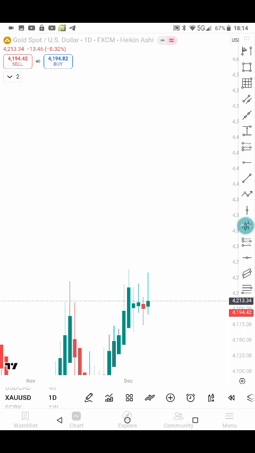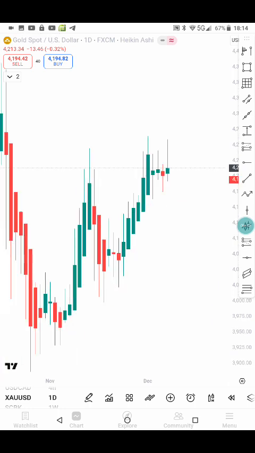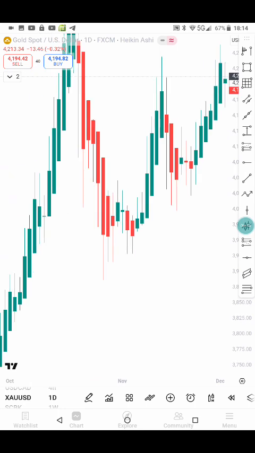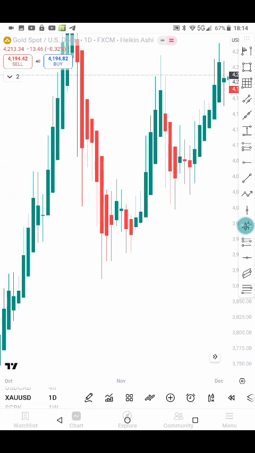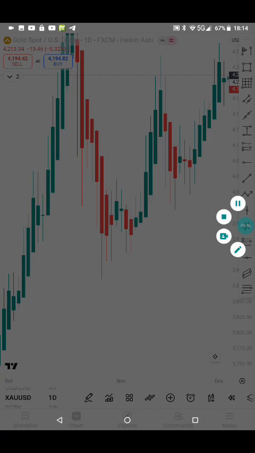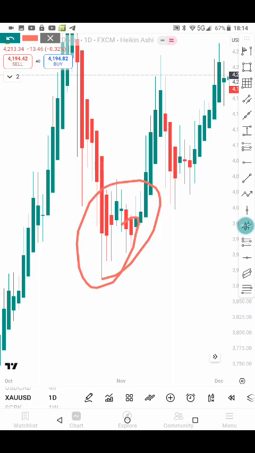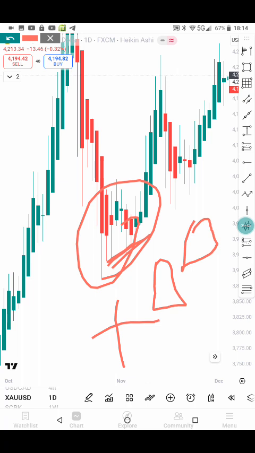So let's say this was a bearish market, and for me in gold, I'm always buying. So what am I waiting for? I'm waiting for this, and I want candles without wicks.